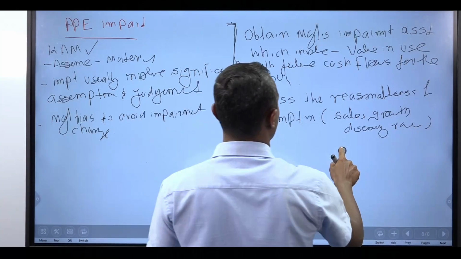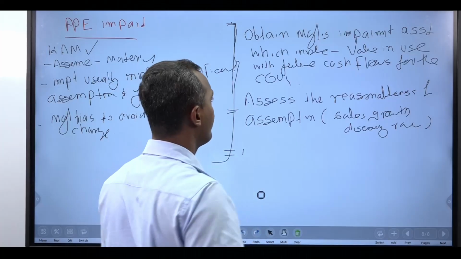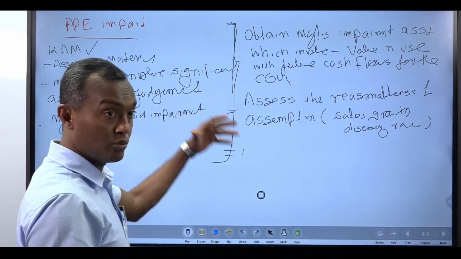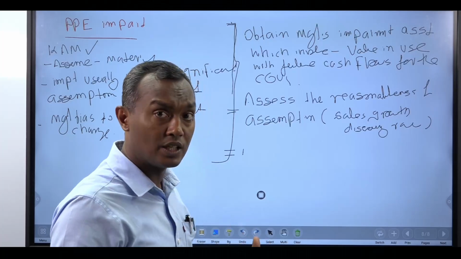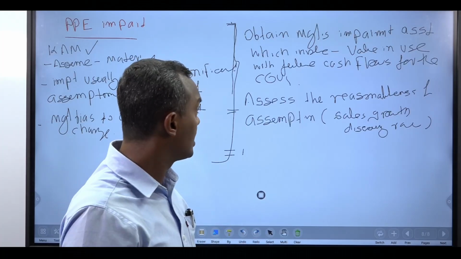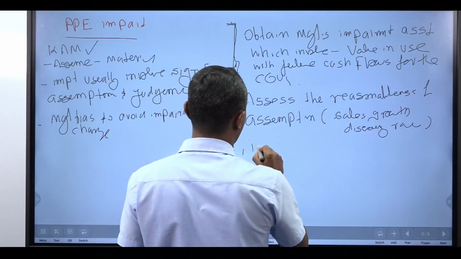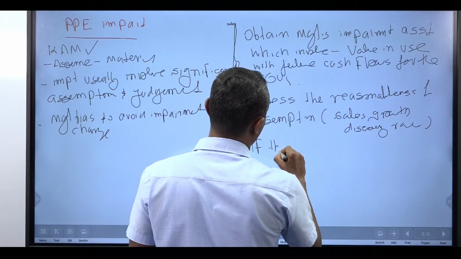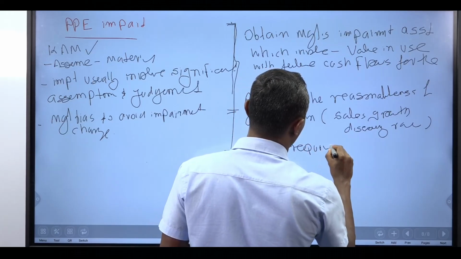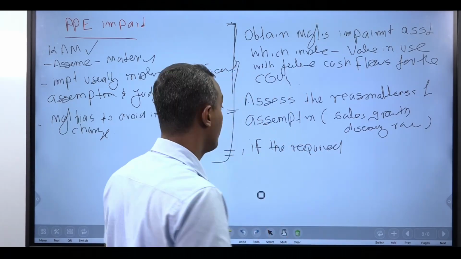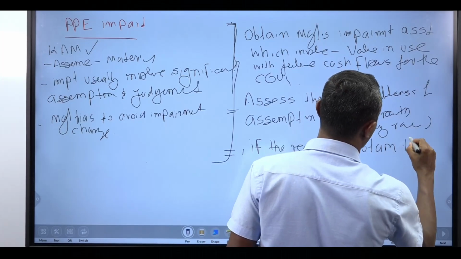Assess the reasonableness of the assumptions. So these are good enough answers. If you want to write more detail, you can also write that if you have a doubt about any of these assumptions, you can obtain a management representation later. And then, if required, if you actually have a doubt whether these machines are usable, obtain the support from an expert.